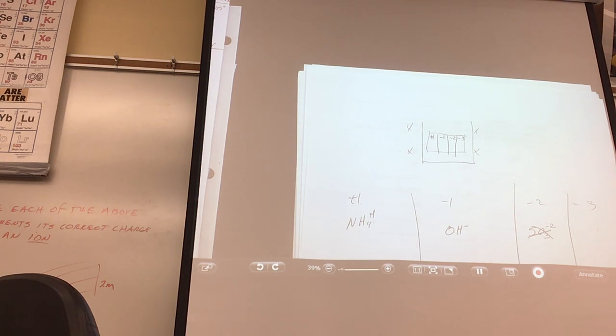That was oxalate, oxalate. Here we go. Perchlorate. Fluoride. Chlorate. Carbonate. Nitrite. It's nitrate.